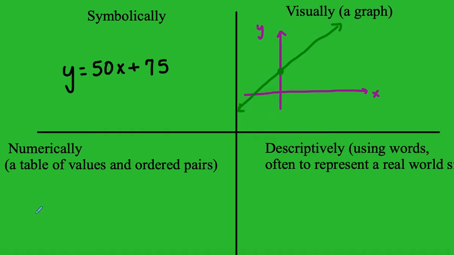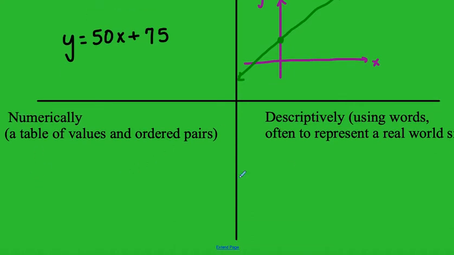All right, numerically, I could actually create a table of values, right? So a table of values, I could give you some points. I'm going to use -2, -1, 0, 1, and 2, and I could plug those points in.